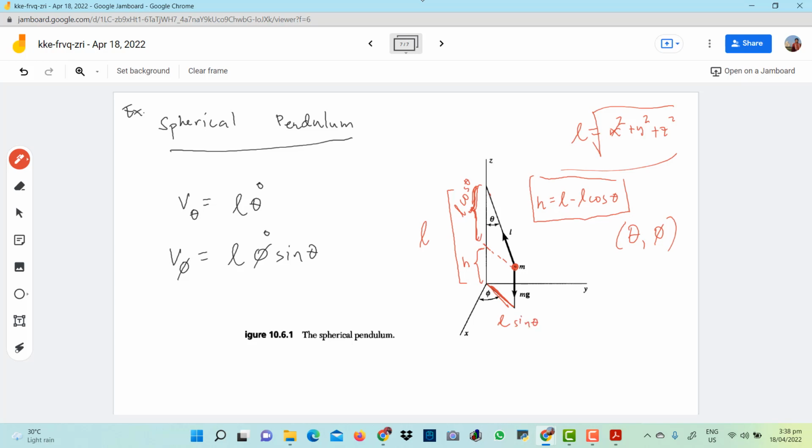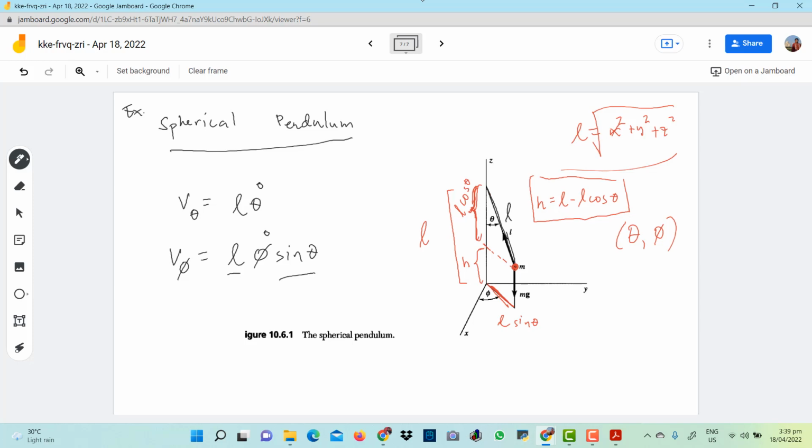And take note, the velocity here is just the angular velocity times the length. So the length is L sine of theta times the angular velocity, which is phi dot. In the case of theta, it is just L theta dot because the length of your string is just equal to L.